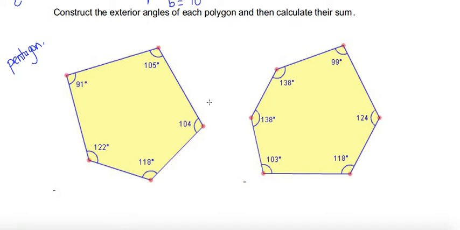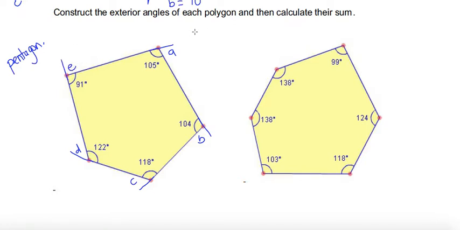All of our sides look like they are different measurements, so that's important to know. But let's see if our angles will be similar. So let's extend our exterior angles. So I have A, B, C, D, and E.